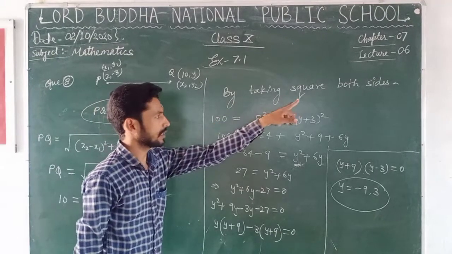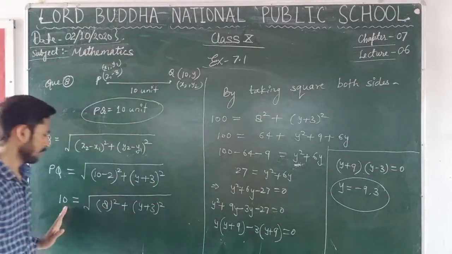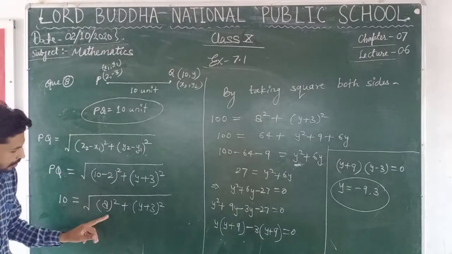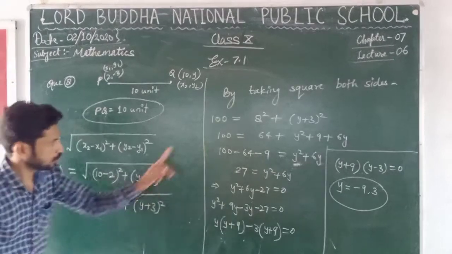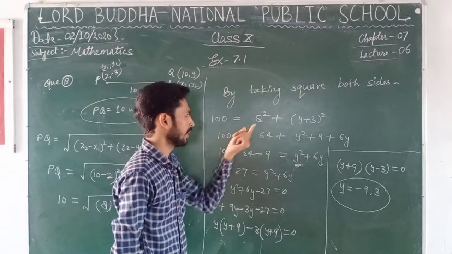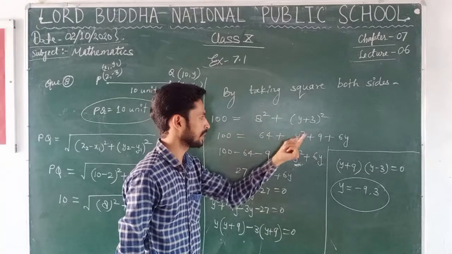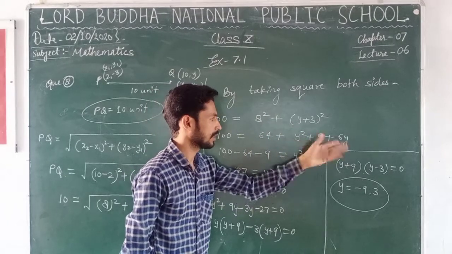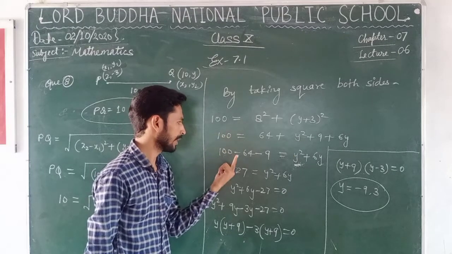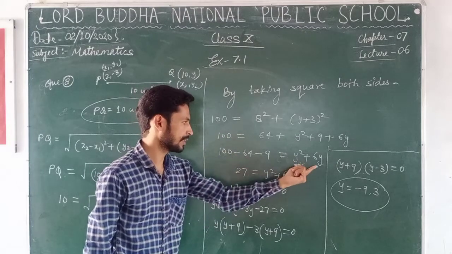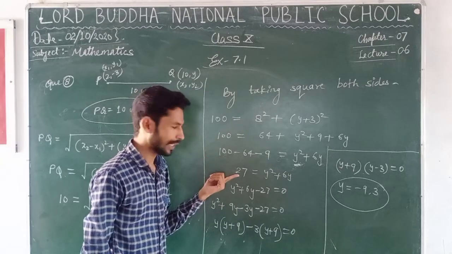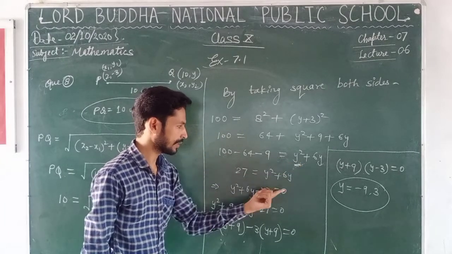Okay. So by taking square on both sides, then it will be 100, and this side will be 8 square plus (y plus 3) square. This will be 100, 8 square, that is 64, plus y square plus 9 plus 6y. So take the constant terms to this side, so 100 minus 64 minus 9 equals y square plus 6y, and after the subtraction, this will be 27 equals y square plus 6y.